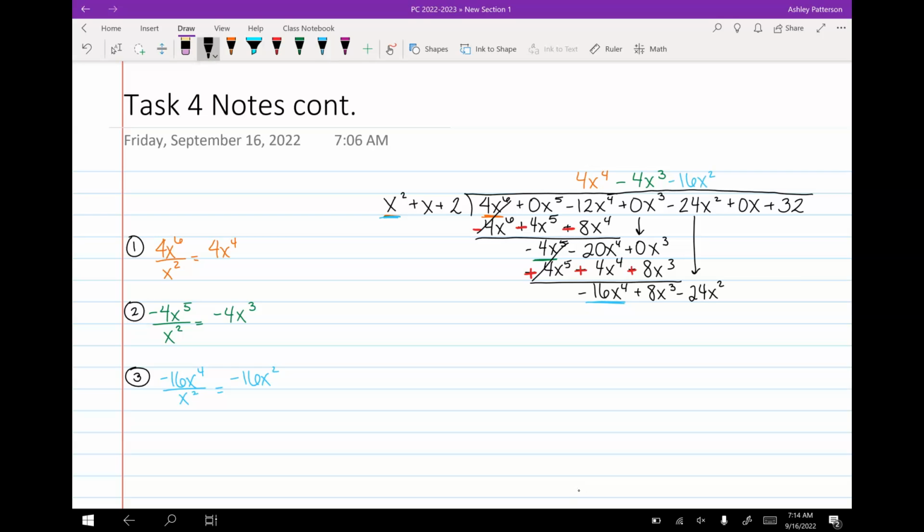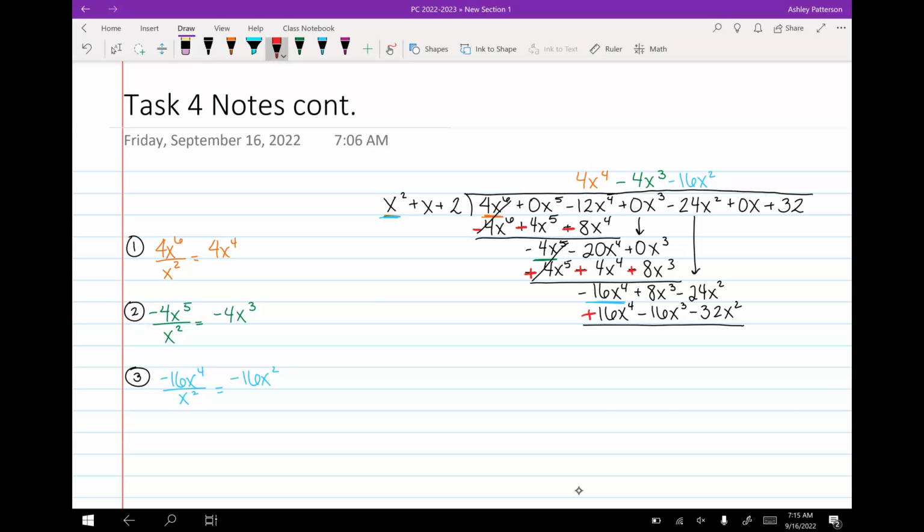And let's multiply. Negative 16x squared times x squared gives us negative 16x to the 4th. Again, when you multiply the same variables, the same bases, you add their exponents, and then we get negative 16x cubed minus 32x squared. Almost there, my friends, almost there.